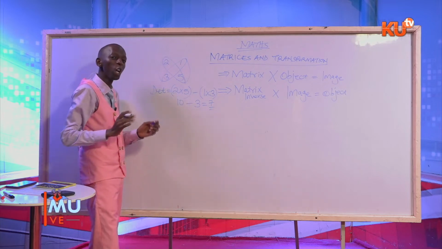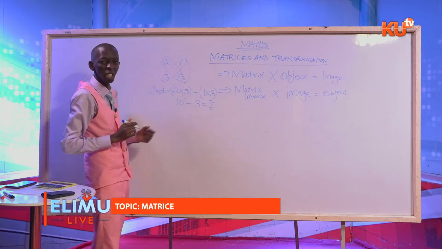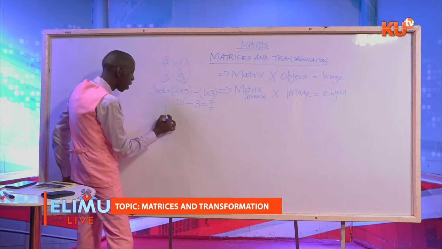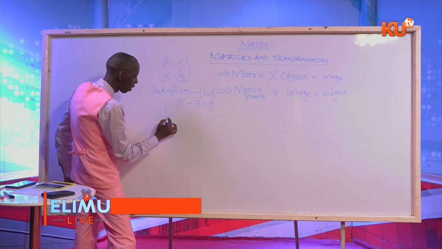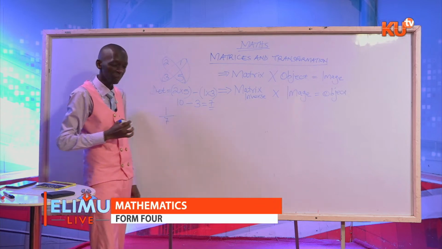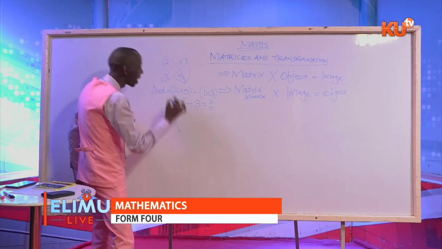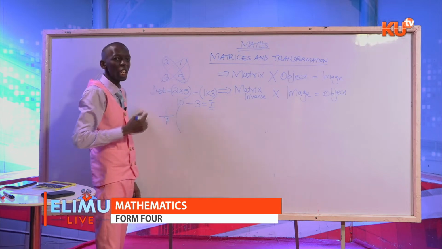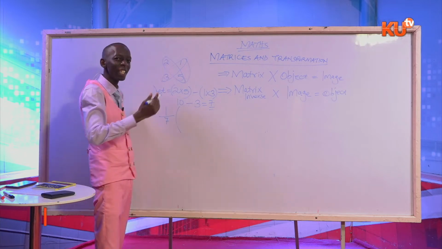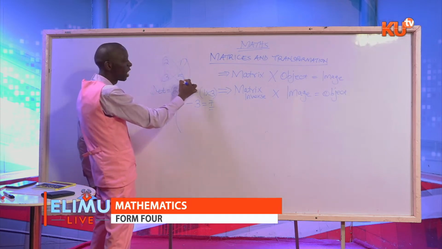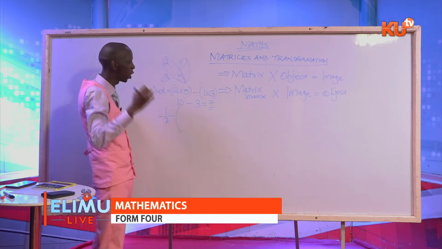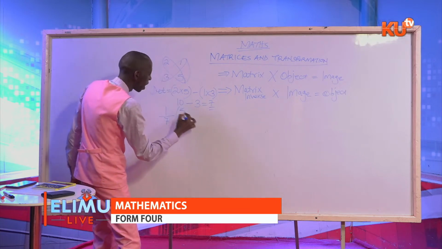Now we want to get the inverse of this matrix. We write 1 over the determinant, which is 7, into bracket, interchange the digits on your right-hand salute, that is 5 and 2.